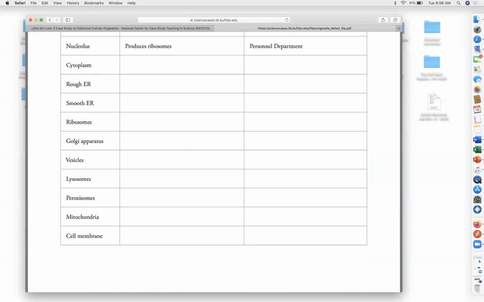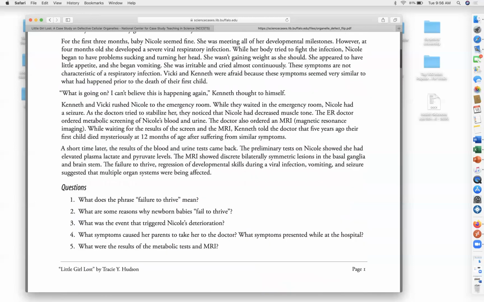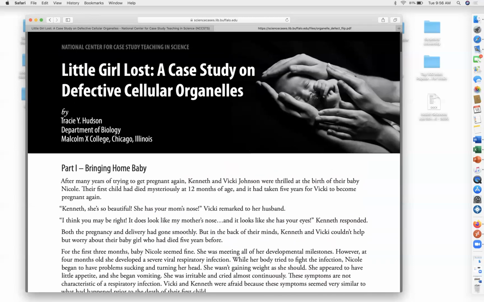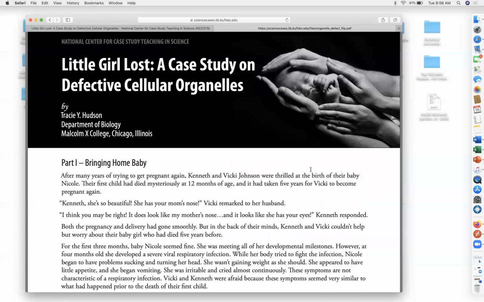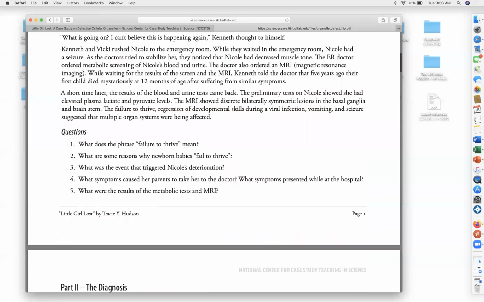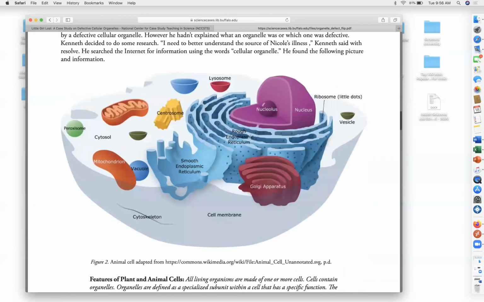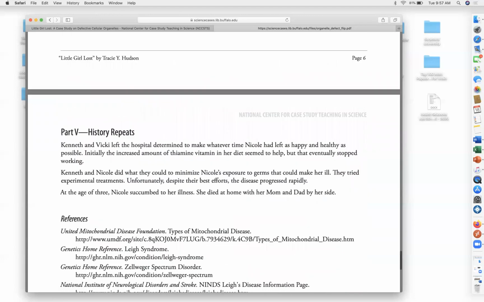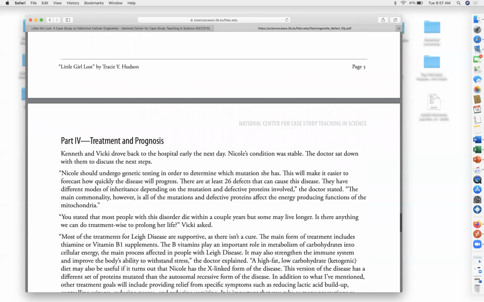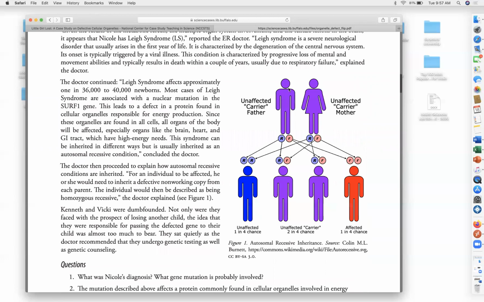Do you think you could practice this as well? So just part 1 and part 2 for this case study. Okay, so part 1, bringing home baby, and part 2, the diagnosis. Leave part 3 and part 4 alone, okay? Because part 3, you know, it's already in your notes. It's more busy work than anything.